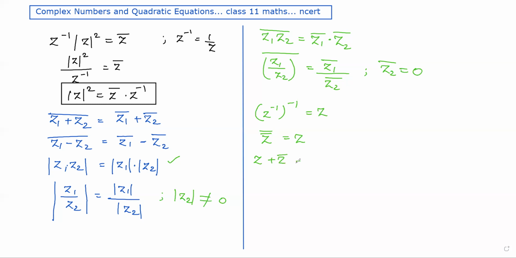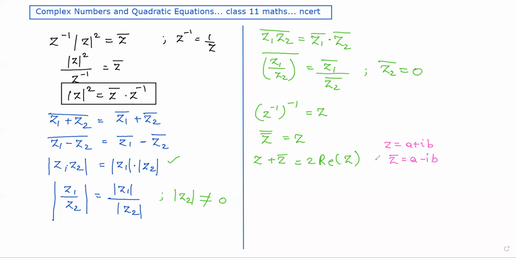What if you add a complex number with its conjugate? This will lead you to 2 times the real part of Z. All of these can be proven with the help of examples. So if Z is equal to say a plus ib, then Z bar, the conjugate, is equal to a minus ib.